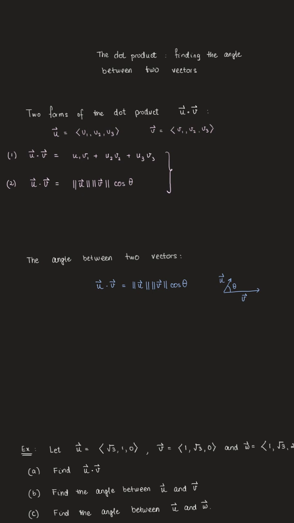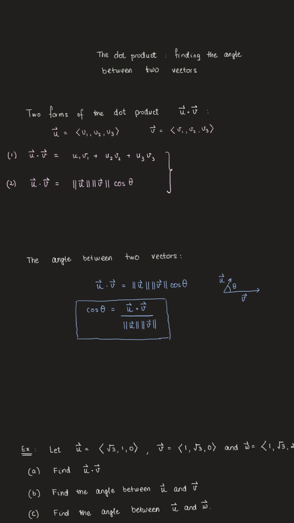Solving for theta, I'm going to isolate cosine theta by dividing both sides of this equation by the magnitude of u times the magnitude of v. That gives us u dot v divided by the magnitude of u times the magnitude of v. This will then allow us to solve for theta if we use the cosine inverse function.